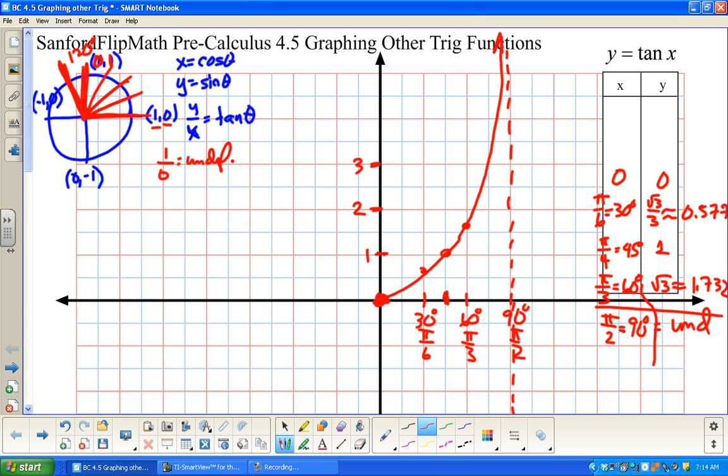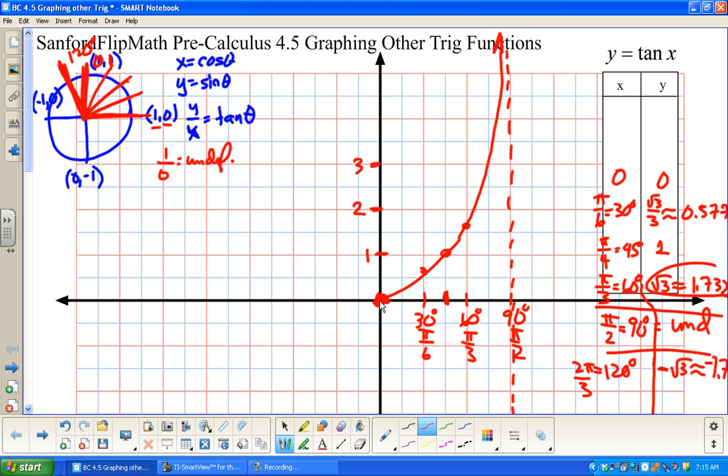It still has that reference angle of 60, so 120, also known as 2 pi over 3. Since it still has that reference angle of 60, it's going to be just like 60, only it's going to be a negative square root of 3. So negative 1.732.